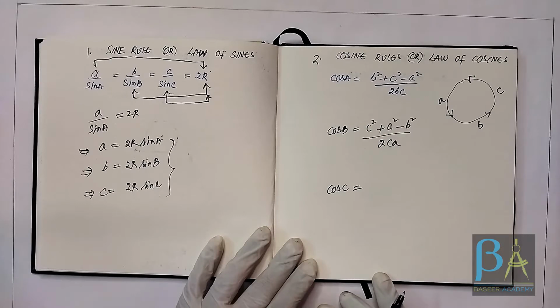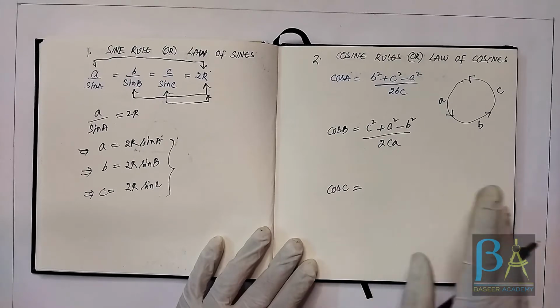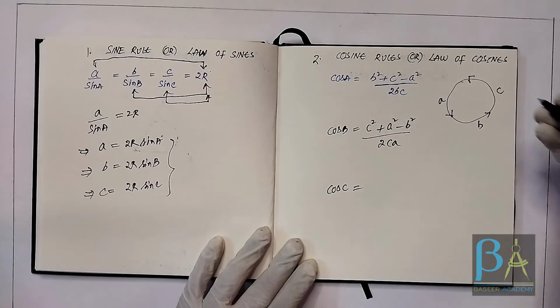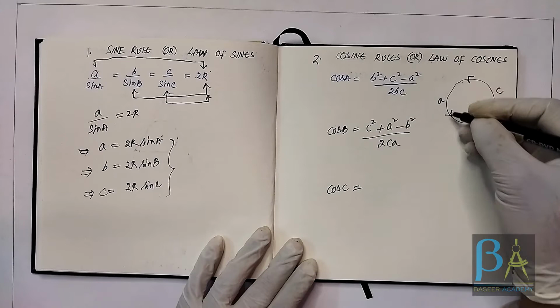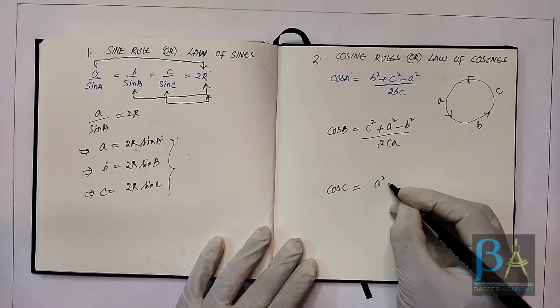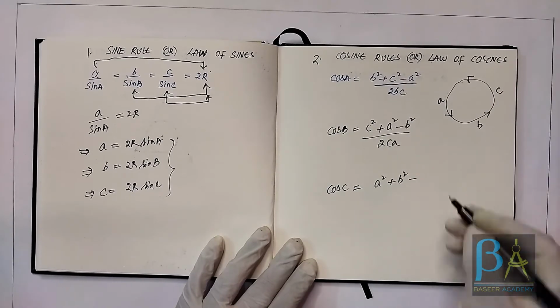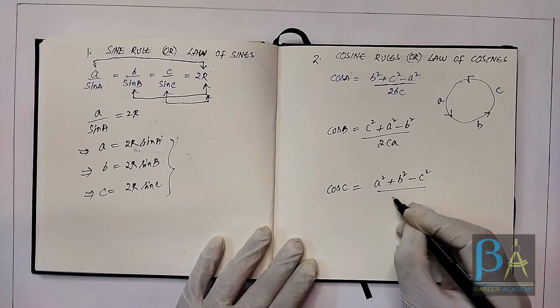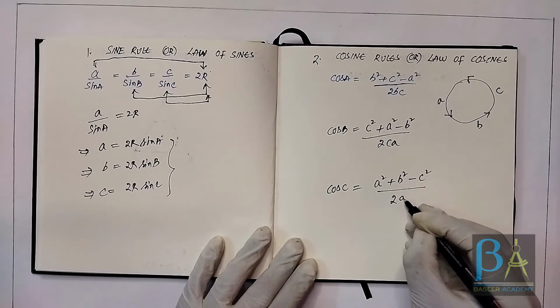If so, you will be able to help me write the formula for cos C. After C, I see A and B. So I start with a square plus b square, and then minus, since I have C here, c square, by 2ab.